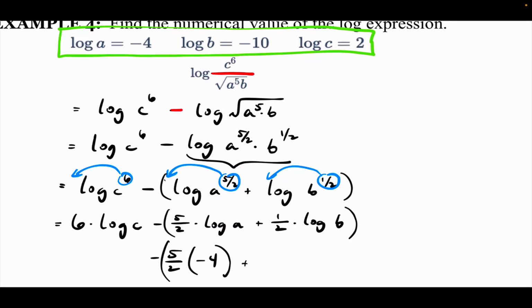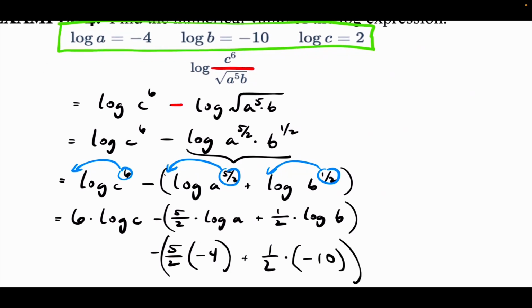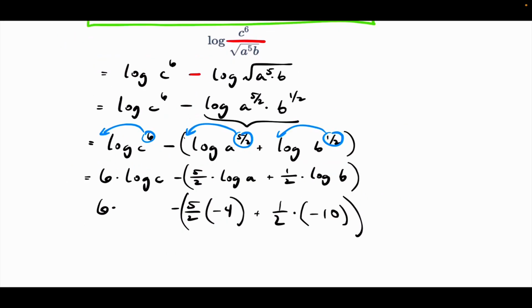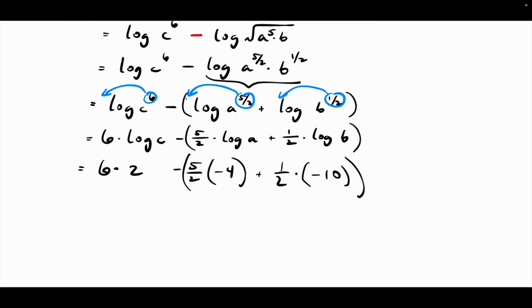Everywhere I see log of B, I'm going to change it to -10. So instead of times log of B, it's going to be times -10. And then everywhere I see log of C, it's going to change to +2. Now I have no more logs. All I got to do is multiply.